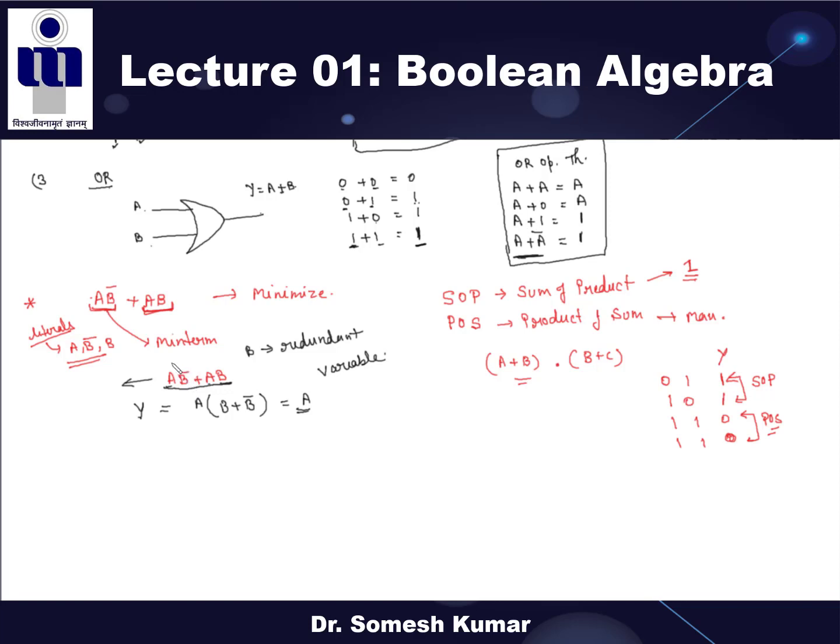There are 4 literals in it, right? So 1 2 3 4. If we are saying which are the literals, then we can say A, B and B bar. But here the number of literals in this expression is 4. 1 2 3 4, right? Clear? So don't get confused. The correct answer is 4 literals.